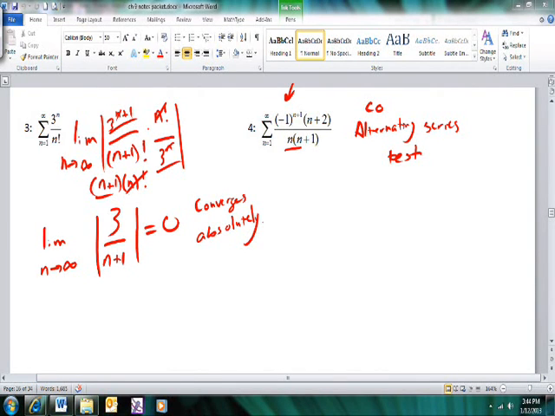So it converges by the alternating series test. You never want to use a more difficult test than you need to. So when we look at the limit, you get a power 1 over a power 2 if you were to FOIL that. So that goes to 0, and it alternates.